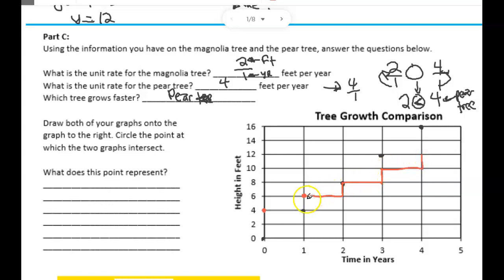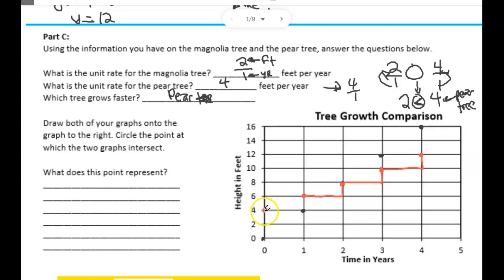And just like that, notice run, rise. I know y'all prefer to say rise over run, but anyway, run, rise. And then notice 2 is going to be at 8. Then from 8, if I add on another year, it's going to rise up 2 more feet. Another year, 2 more feet. Another year, you get the idea. Okay, so let's go over here.